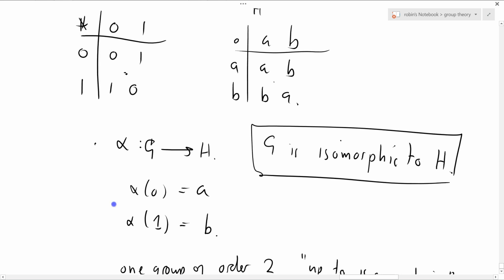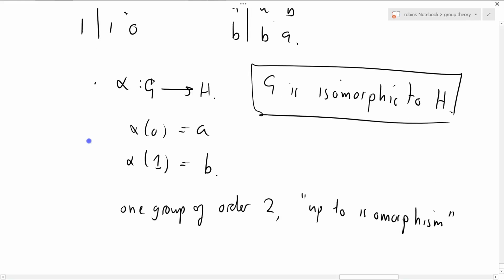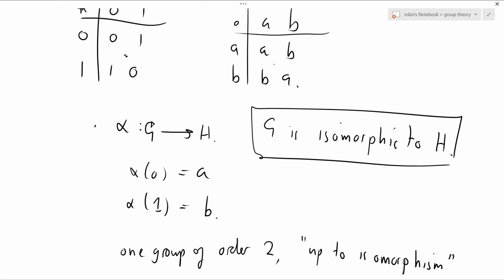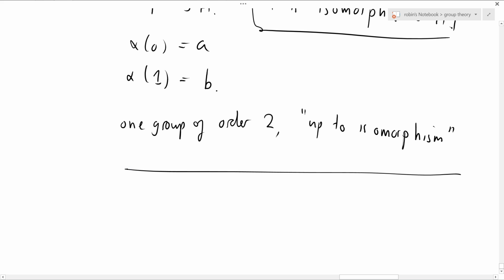You do not want to count these two groups as different when they've got the same structure. They're the same group, but they're not the same because the set itself is different. And so you say that they are isomorphic groups, and then you say that groups that are isomorphic are, in scare quotes, the same group. So isomorphism means same group, basically. I'm going to stop there.